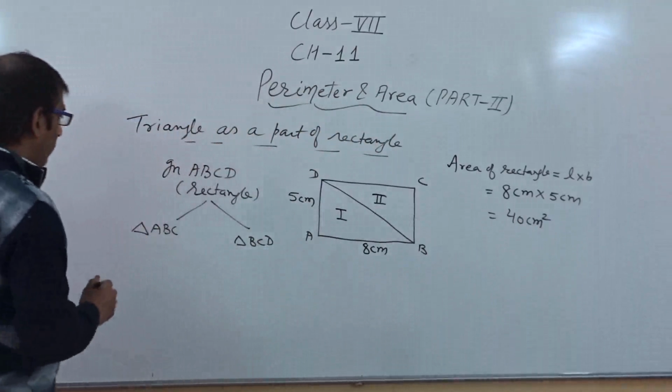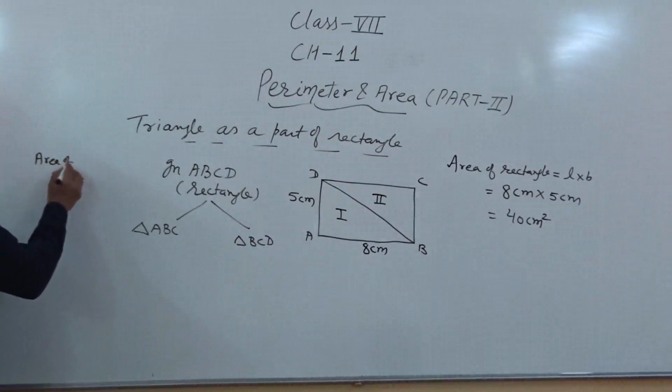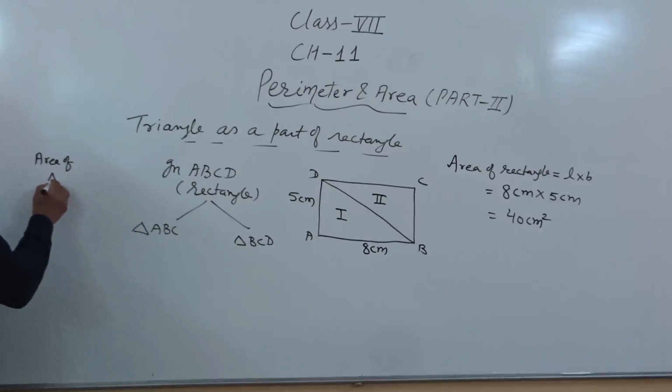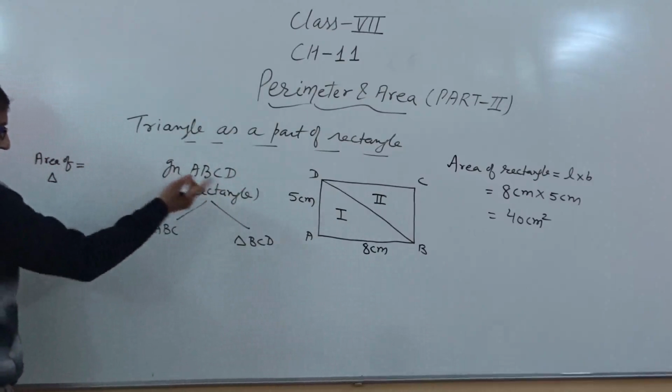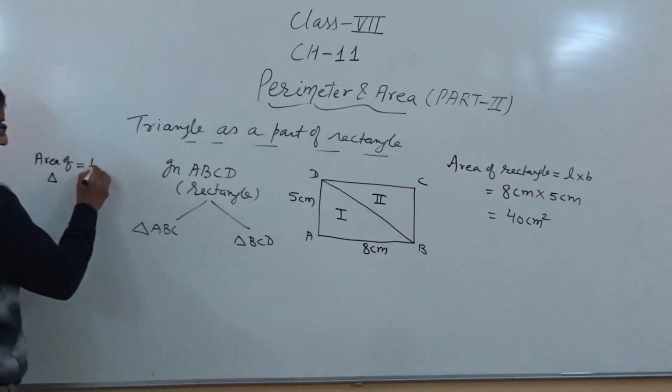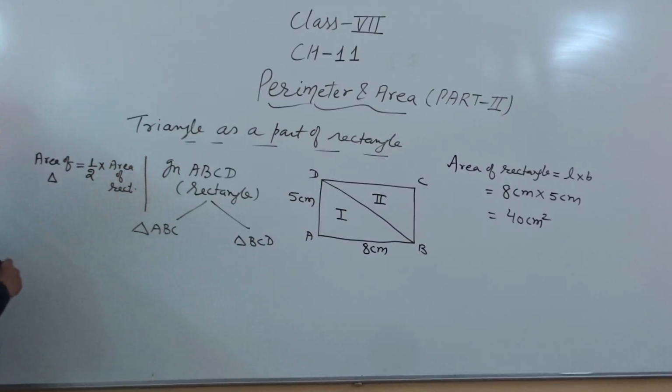First we will come to the area of triangle. We take any one of the triangles. As per this diagram, we can say area of triangle is half into area of rectangle. What is the area of rectangle?